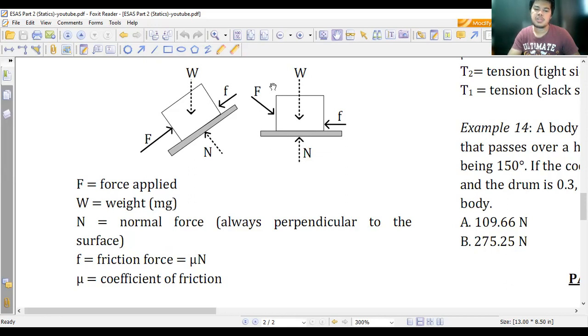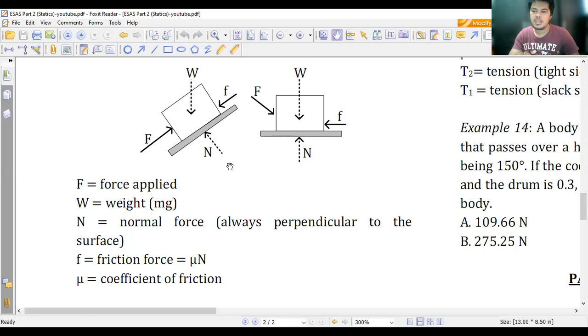But if the plane is inclined, the weight is positioned vertically downward, whereas the normal force, take note, is always perpendicular to the surface.